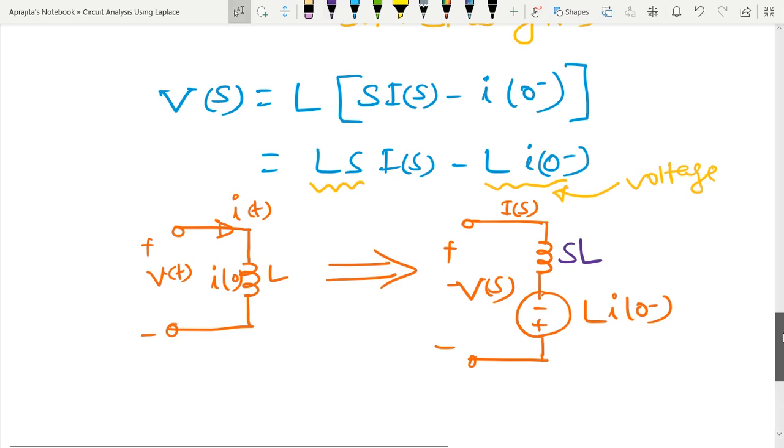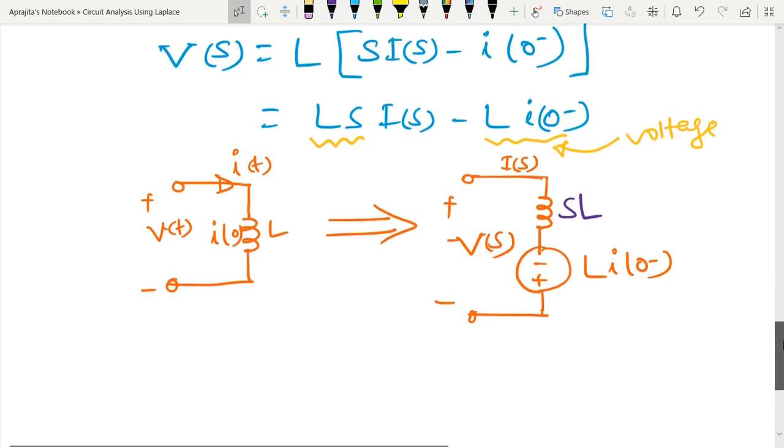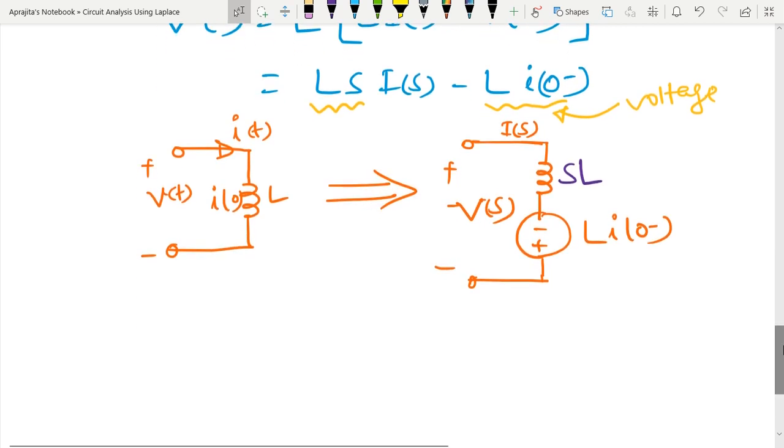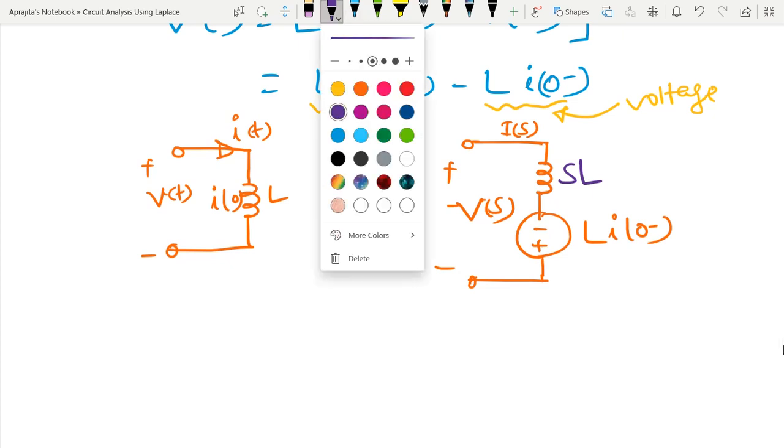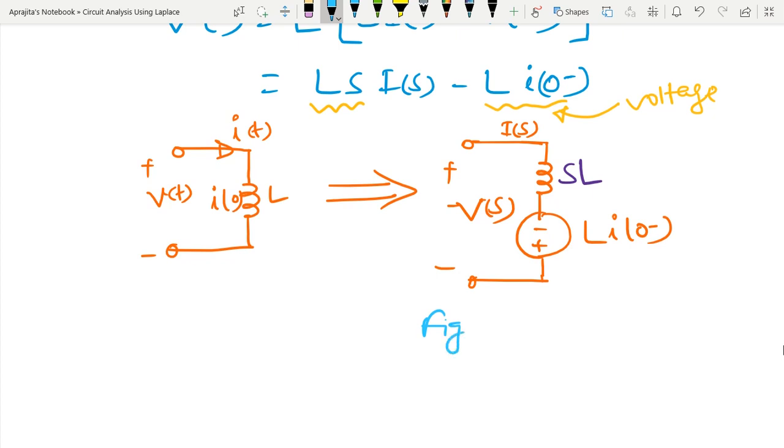So this is the S domain equivalent. Just write the name of the figure: the name of the figure is S domain equivalent, and this is the time domain circuit.